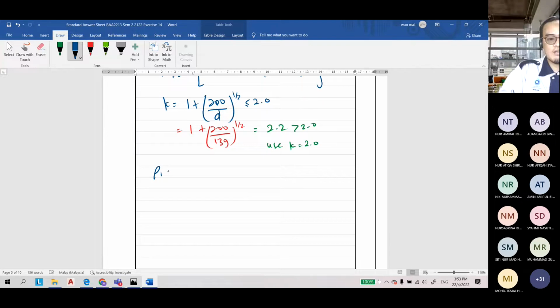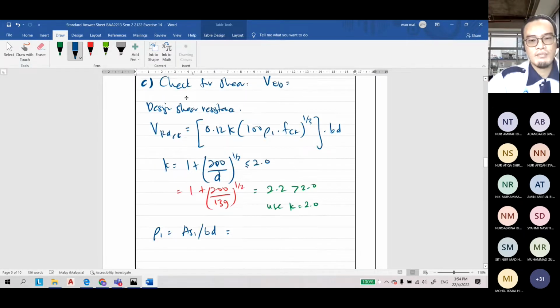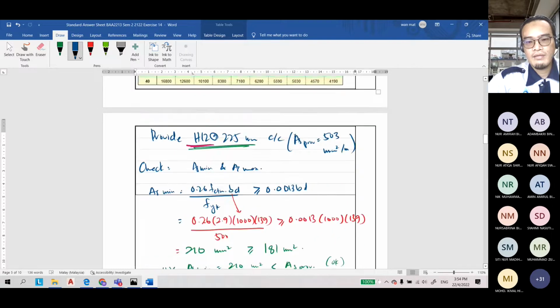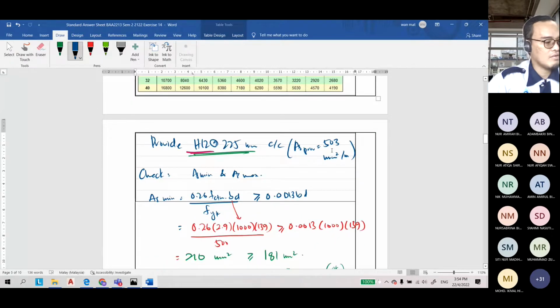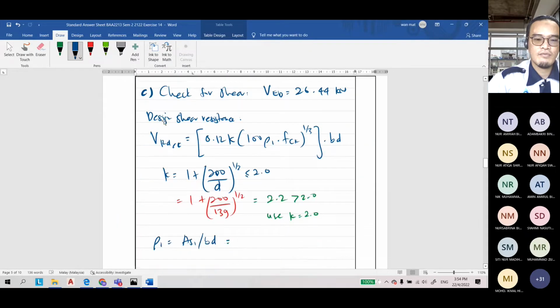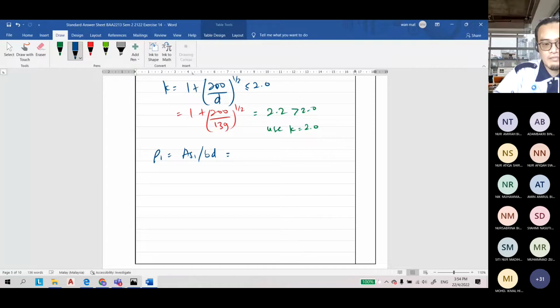And then rho 1 is based on As primary divided by bd. The primary we provide here is 503. You use the As provided for the main bar, I mean rho 1 is for the main bar. So 503 divided by 1000 times 139. So equal to what?